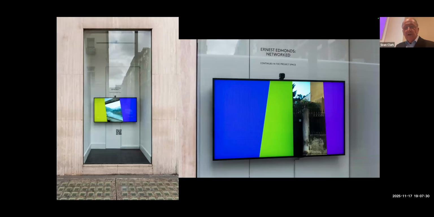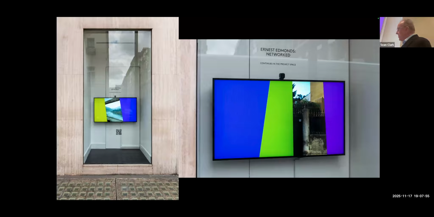The current work, which you can see downstairs, has nodes between Baku, that I mentioned before by mistake, London, and here. So Leicester is connected to Mayfair and to Baku. These 2 pictures are from the window of the gallery in London, where the work is displayed.